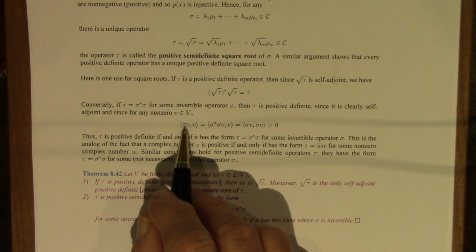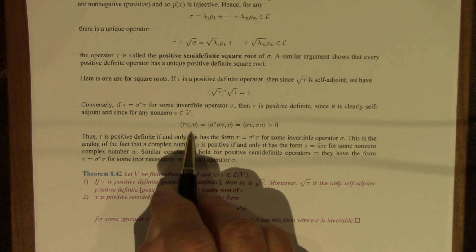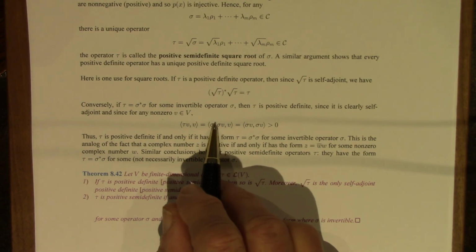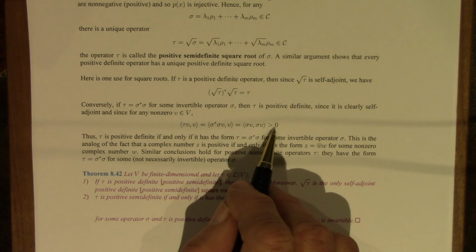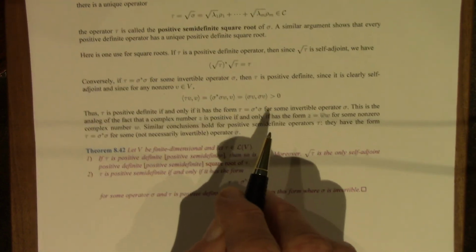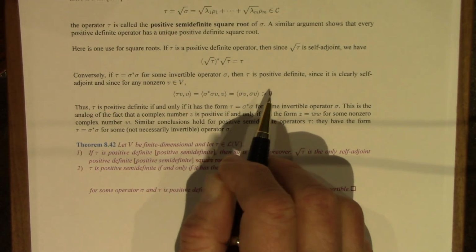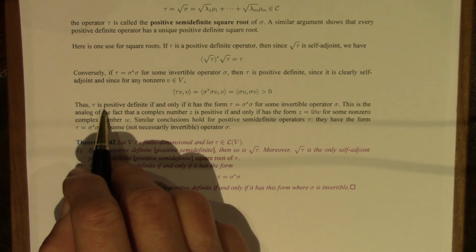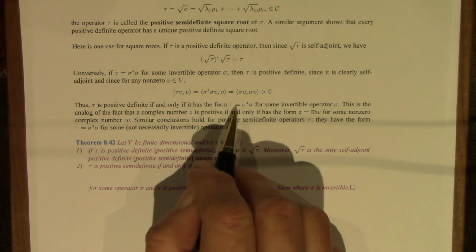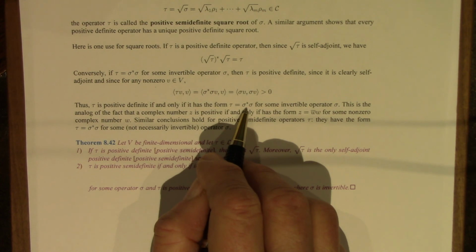But also, tau v is sigma star sigma v, which is sigma v, which is positive. And so tau is positive definite if and only if it has this form, sigma star sigma.